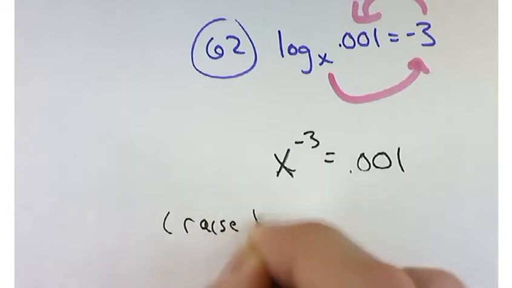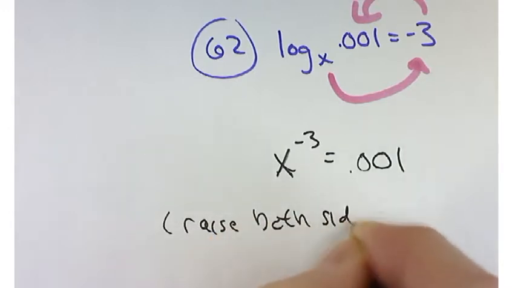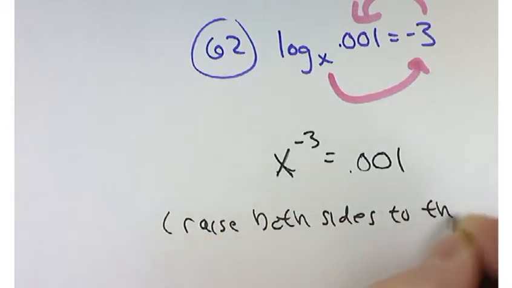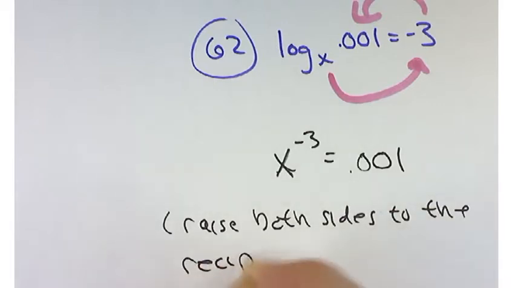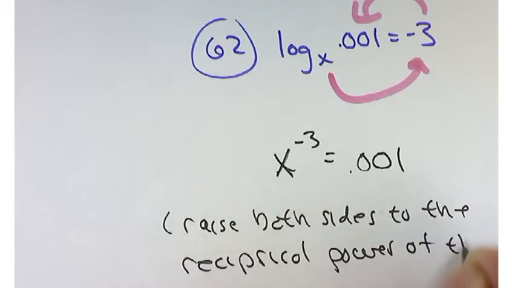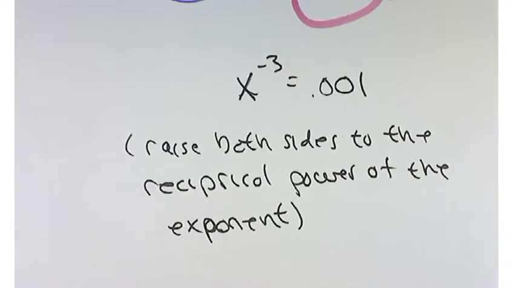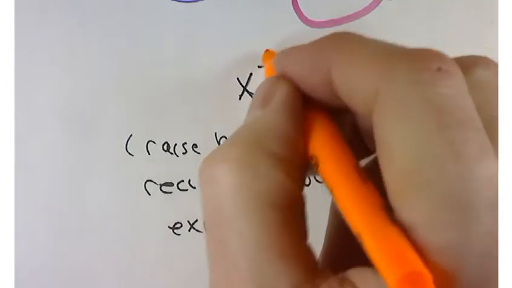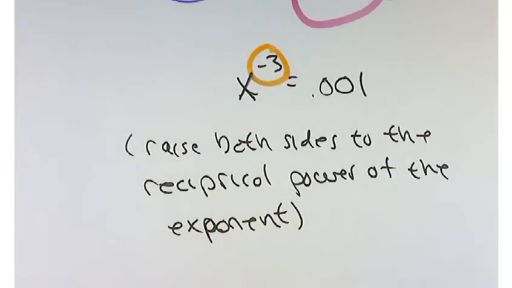Raise both sides to the reciprocal power of the exponent. So in this case, the exponent is negative 3.